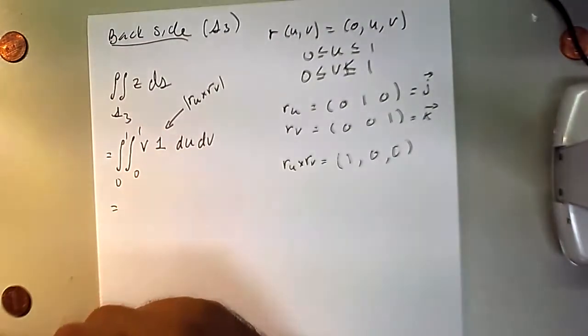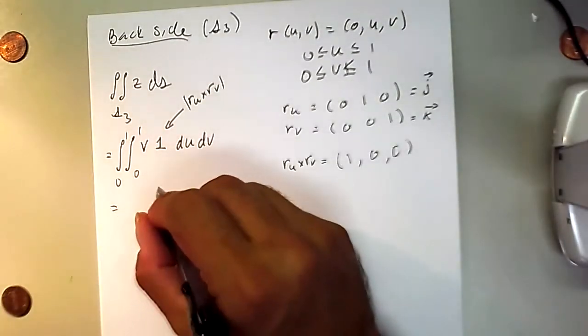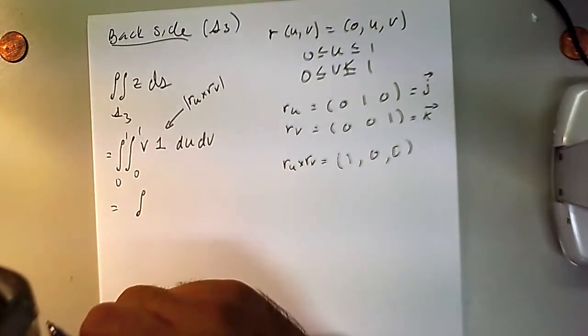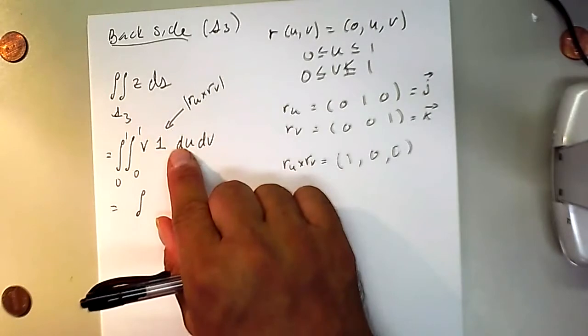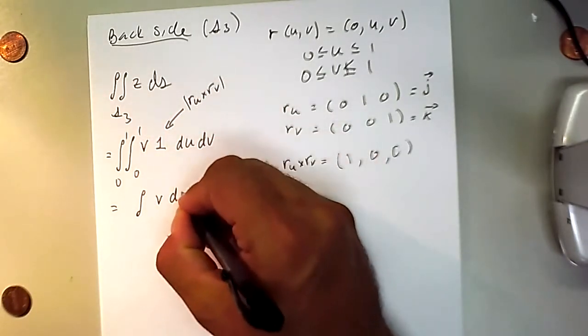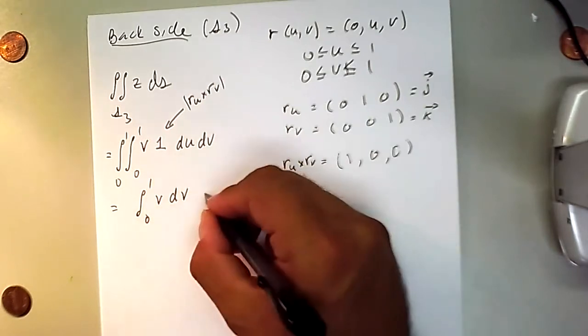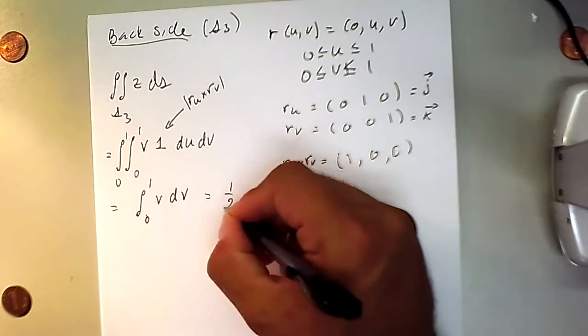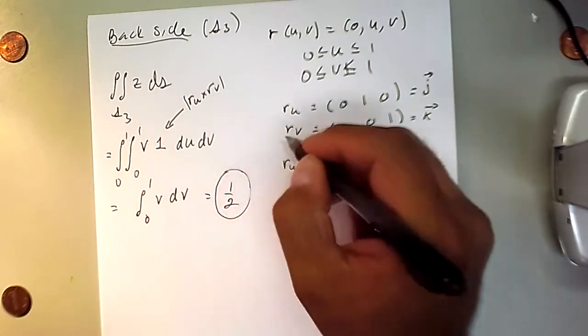And that's going to give us, well, uv, so the integral of uv, but from 0 to 1 is just v dv, again from 0 to 1, and that's going to give us v squared over 2 from 0 to 1, which is going to be half. Whoa.